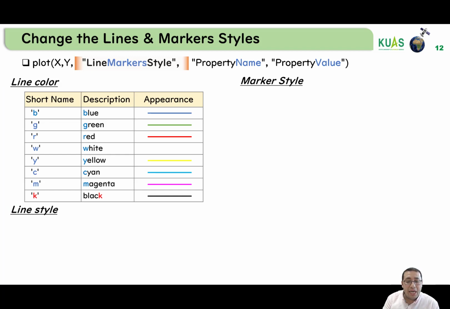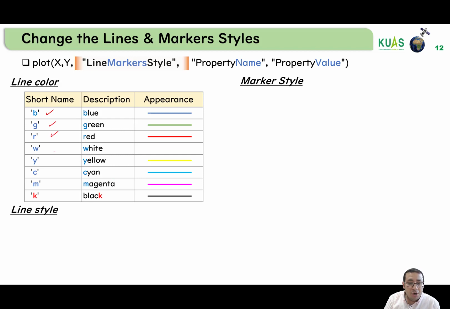For example, we can make it blue or green or red or white or yellow or cyan or magenta or black. But to use this color, we don't need to write all the full name. We just need a short name. So the short name we are going to use, for example, for the blue, we are going to use B. For the green, G. It's kind of the first letter.